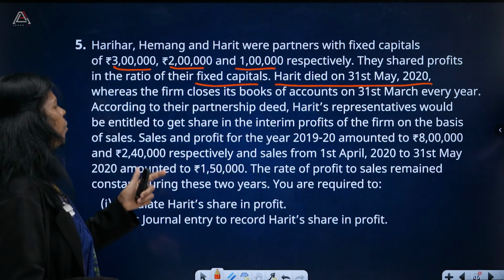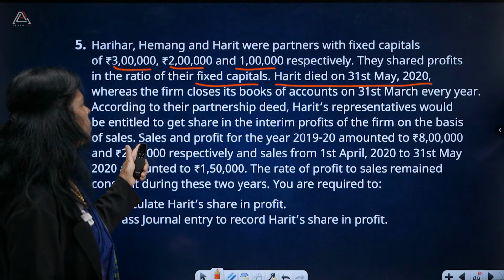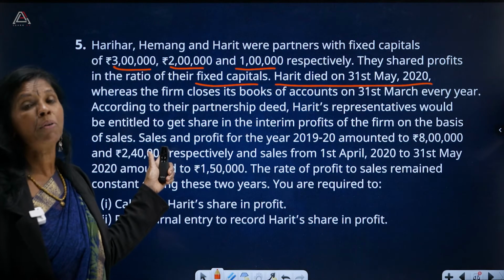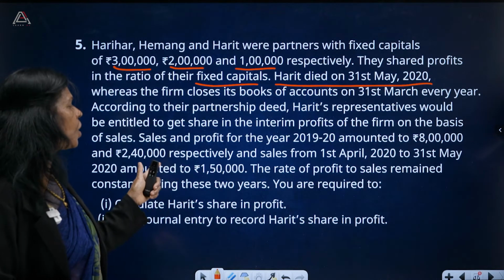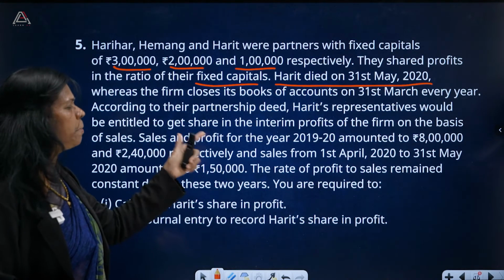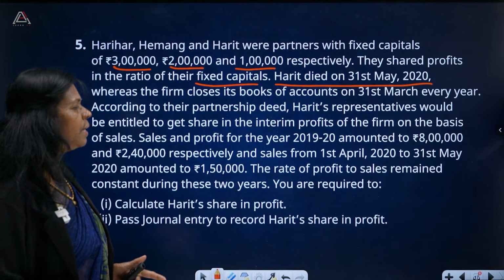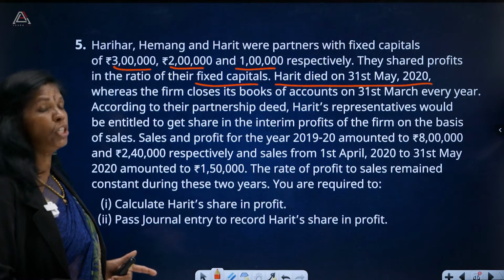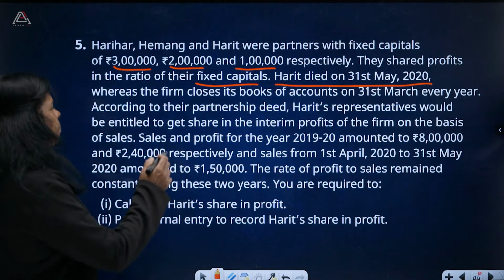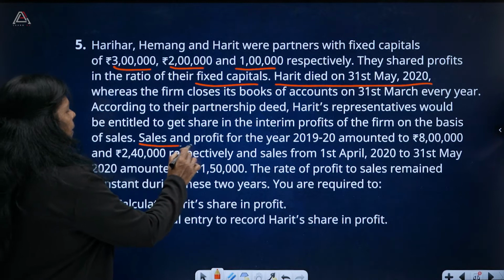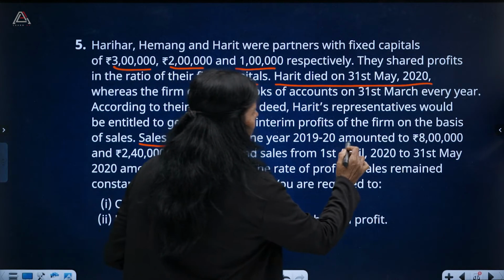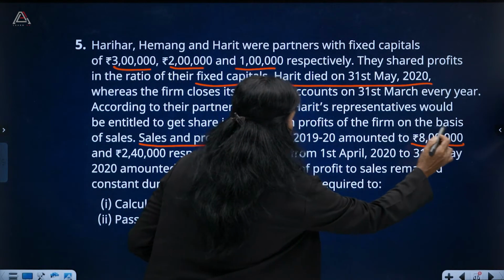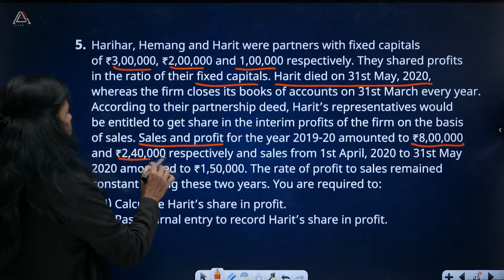Then the profit of the firm is on the basis of sales. How to calculate profit? On the basis of sales. Sales and profit for the year 2019-20. Sales and profit, noted. This is sales, this is profit.